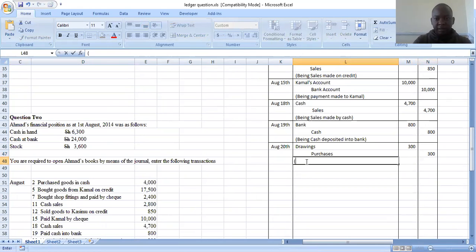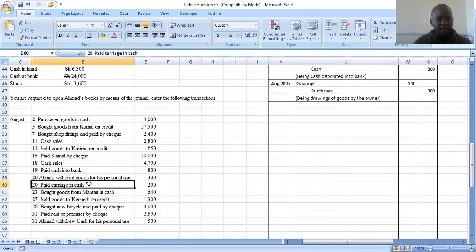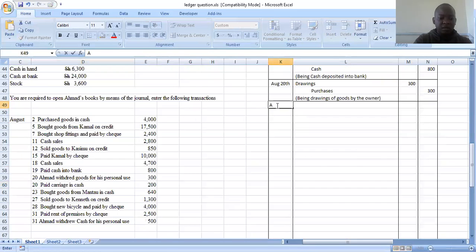Then we put the narration being drawings of goods by the owner. Being drawings of goods by the owner, and then we close that. To close, we underline. Then we move on to the next transaction, still on August 20th.